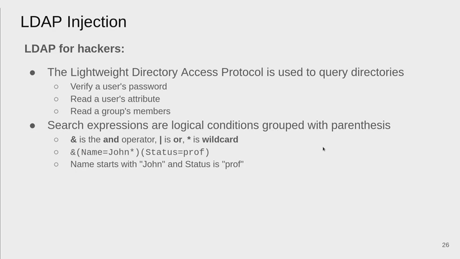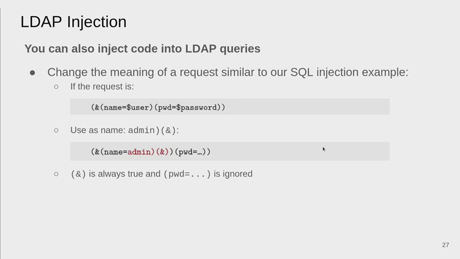So for example, AND name equals John, asterisk, anything else, so any name that starts with John, and status equals prof. So the name starts with John and status is prof. And here, for example, you could use a name admin, close parentheses, open parentheses, and, which would then validate to name equals admin, and is always true, because this is just an AND by itself.